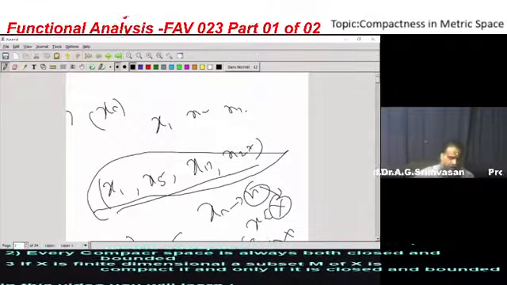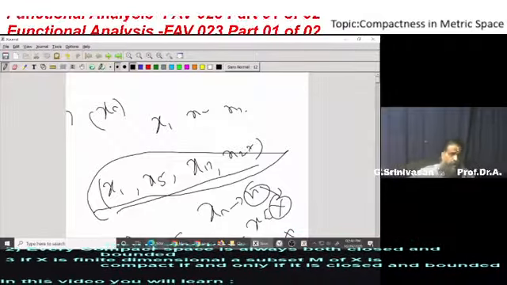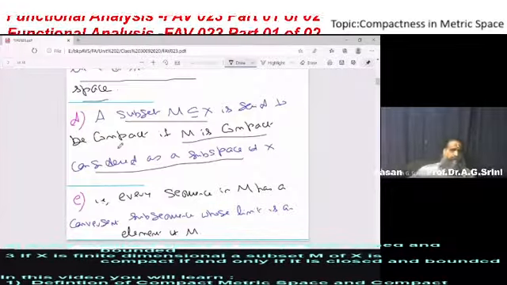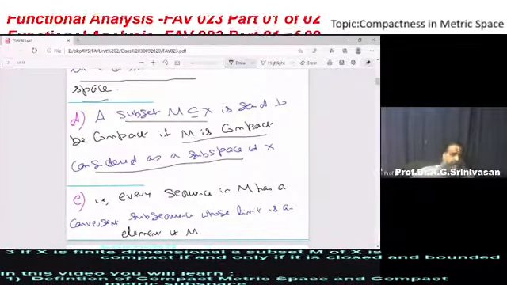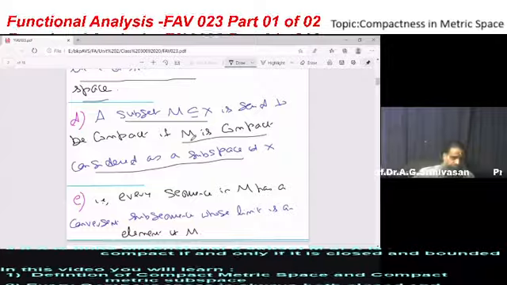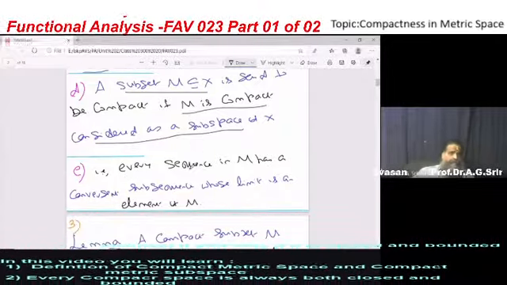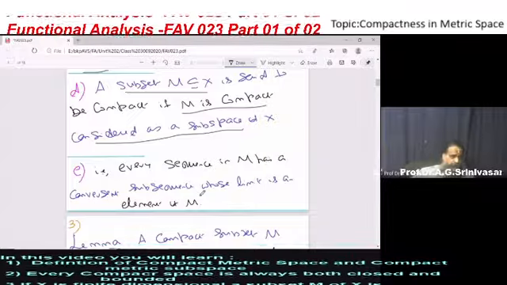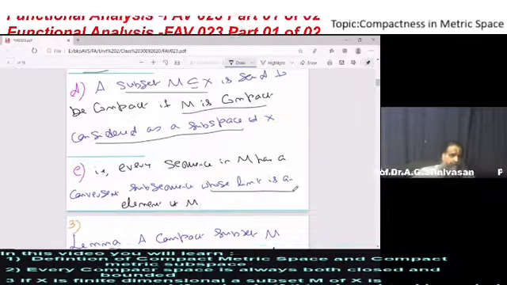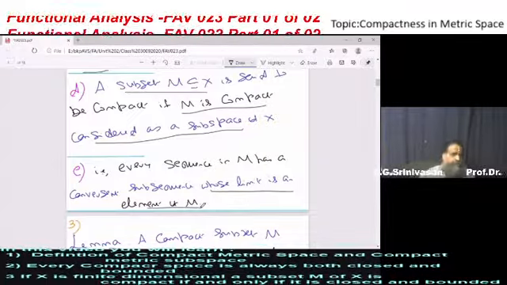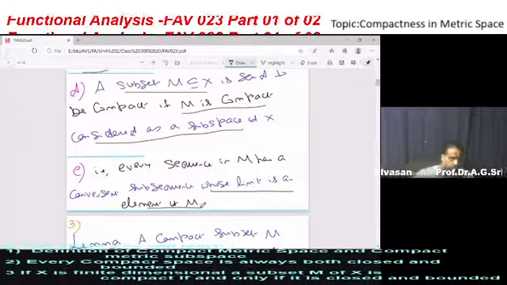So come back to the point. If M is compact, consider it as a subspace of X. Now, the last point: every sequence in M has a convergent subsequence whose limit is an element of M. I think now it's clear what we've discussed.